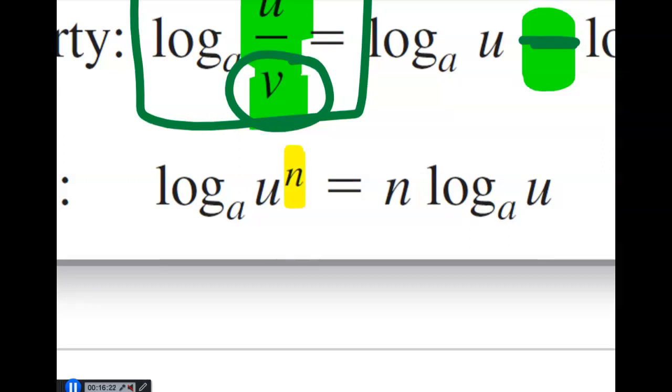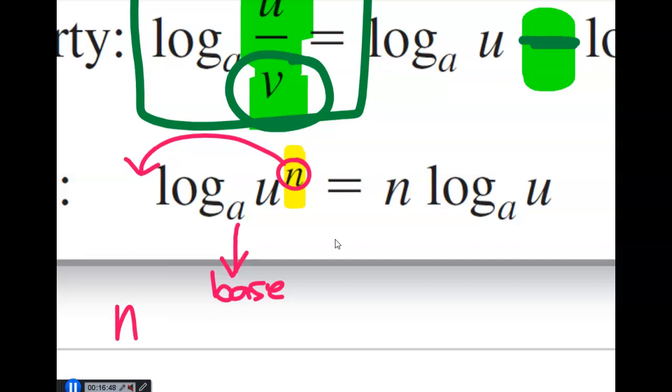The argument is u. So what we do is we take that exponent and bring it to the front of the expression. The way it will turn is n times log of u base a.